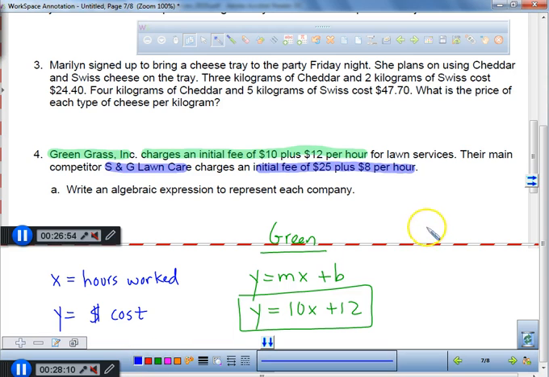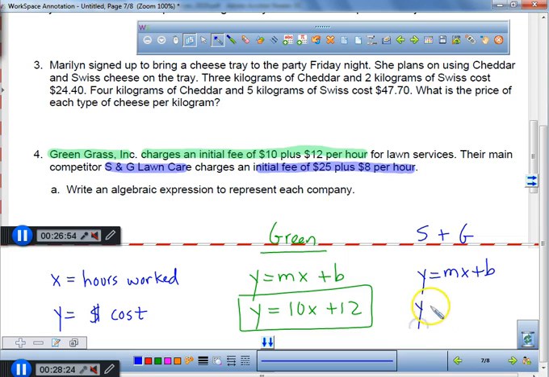The next thing I'm going to do is put S and G. In terms of Y equals MX plus B, what you got? Oh, 8x plus 25. Listen up, everybody.